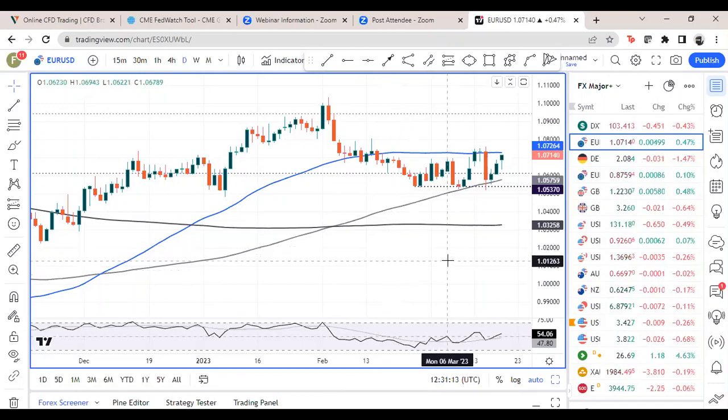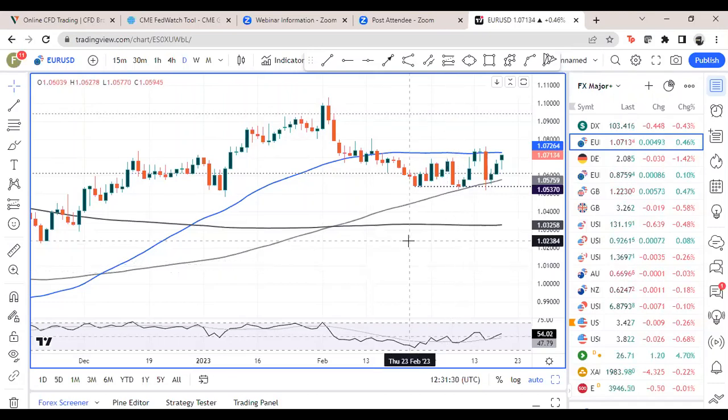For euro dollar then, certainly still caution around the health of the European banking sector, and the pair will definitely be volatile, of course, into the Fed and the FOMC decision on Wednesday. We do get preliminary PMI readings for March on Friday for the Eurozone.